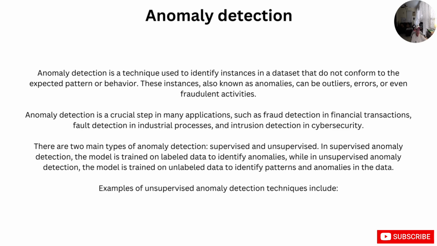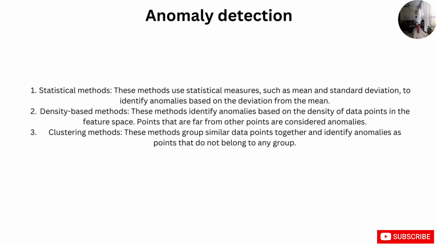Examples of unsupervised anomaly detection techniques include: 1. Statistical methods. These methods use statistical measures such as mean and standard deviation to identify anomalies based on the deviation from the mean.